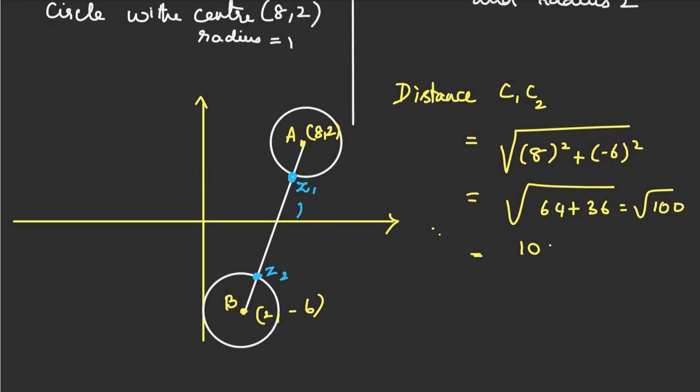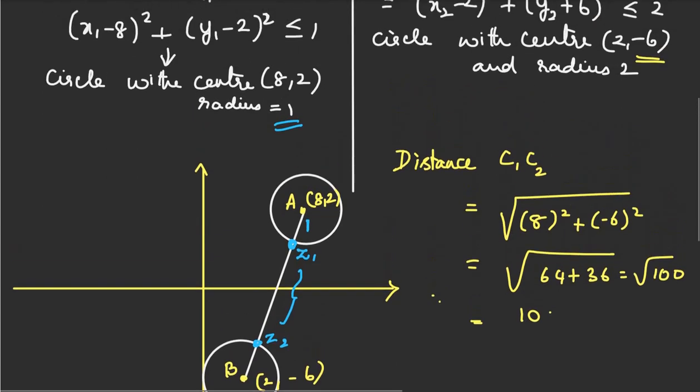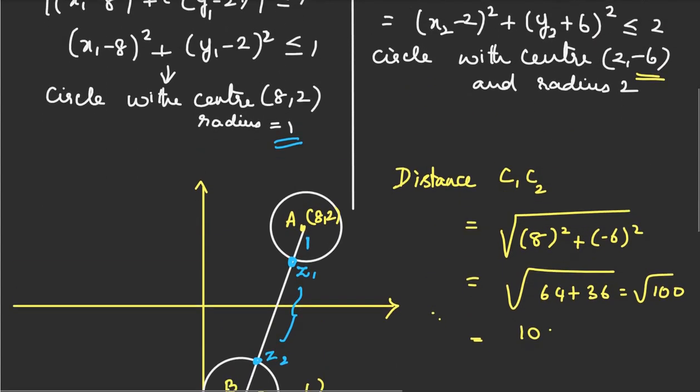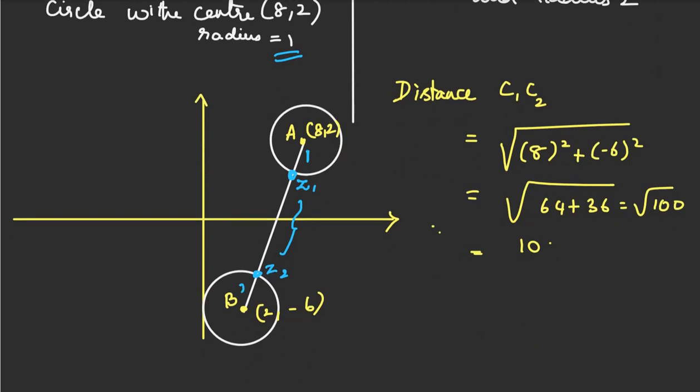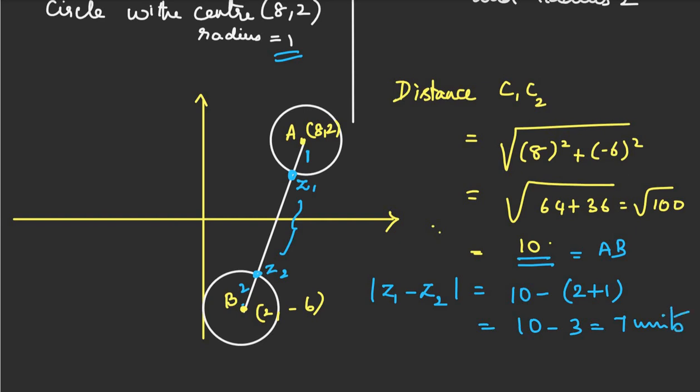Now the radius of the first circle we know is equal to 1 and the radius of the second circle with center 2 comma minus 6 is equal to 2. Therefore, modulus of the difference between z1 and z2 will be equal to the distance between the centers A and B, this is the distance AB, minus (2 plus 1). So that is equal to 10 minus 3, which is equal to 7 units.